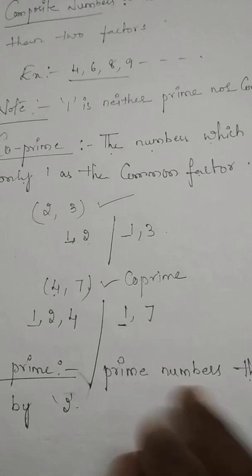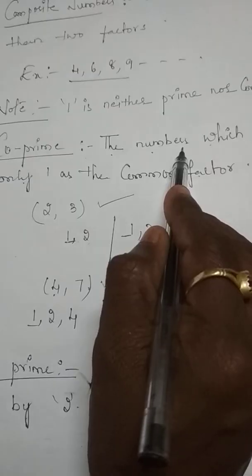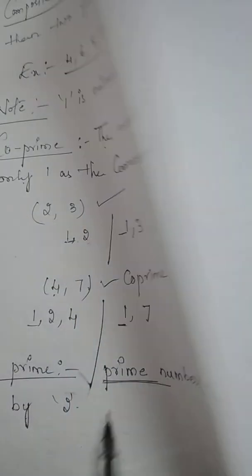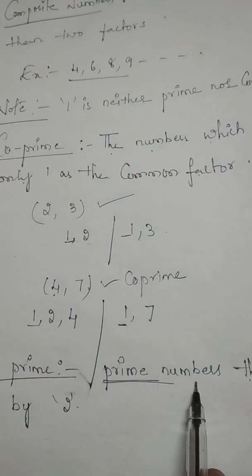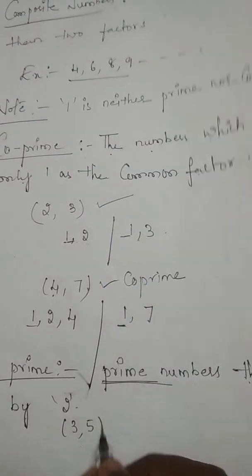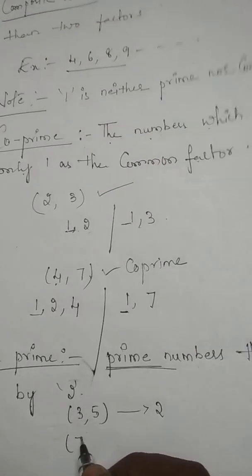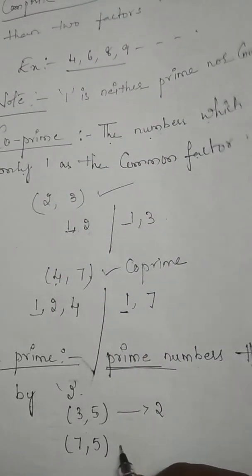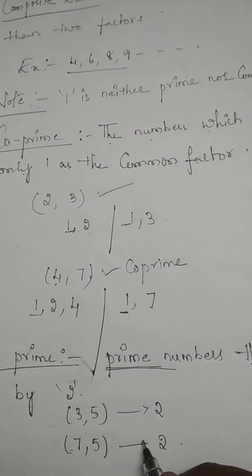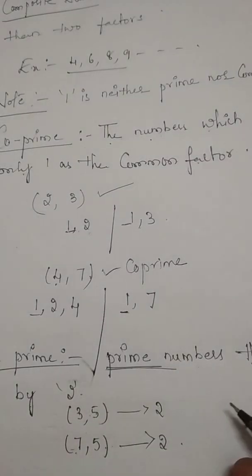These are called twin primes. Here I am specifying prime numbers. In co-primes I didn't mention that; you can take any numbers. Whereas in twin primes you have to take only prime numbers. Like 3, 5: 5 minus 3 is 2. Okay, 7, 5: 7 minus 5 is 2. So 3, 5 is a twin prime. 7, 5 is also a twin prime.